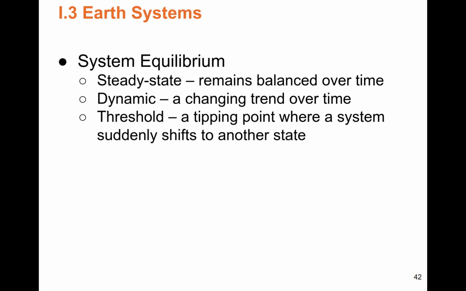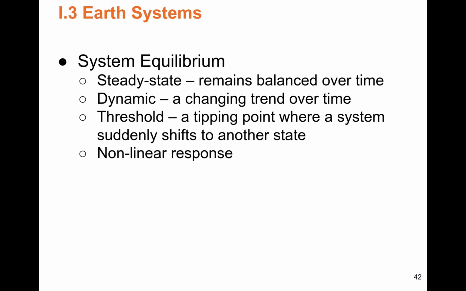A good example of a threshold with a tipping point would be a light switch. So as you flip on a light switch, if the room was dark and you slowly flipped the light switch, nothing would happen. You could move it a little bit, nothing would happen. And then when you move it that last little bit, the switch is going to flip on its own and the lights are going to come on.